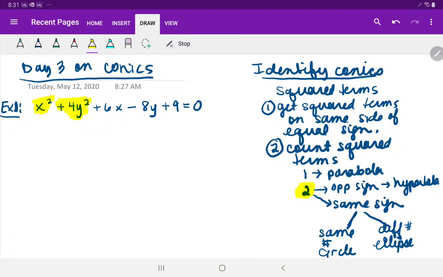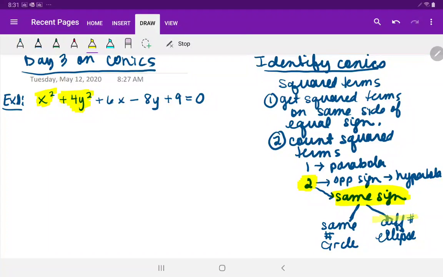Now, do the numbers in the front, are they the same sign or opposite signs? I would say they're the same sign. And then the number in front of the x squared is a 1, and the number in front of the y squared is a positive 4. So we're going to say that's different numbers. So that makes this shape an ellipse.